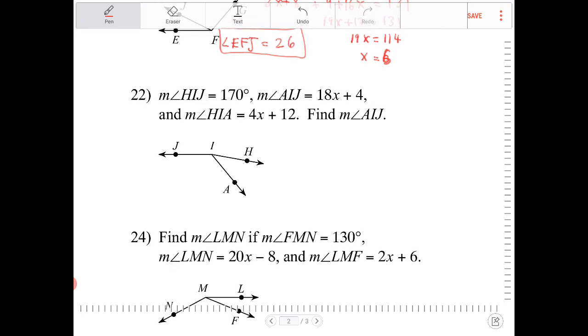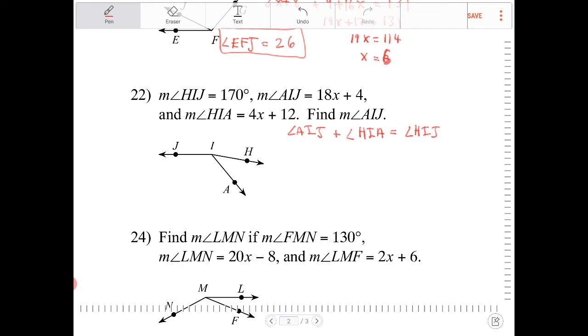All right, 22. Find AIJ. Okay, so again, all of this is the same pattern. Angle AIJ plus angle HIA is equal to angle HIJ.